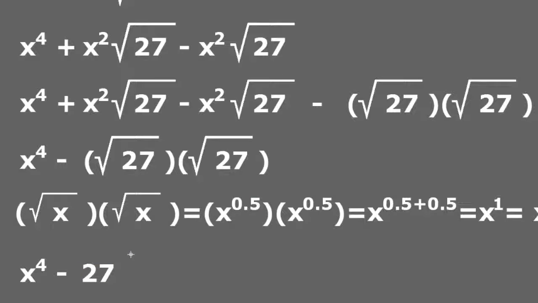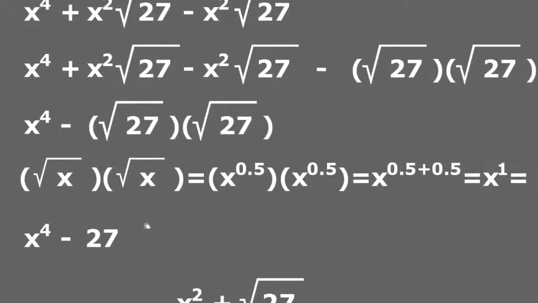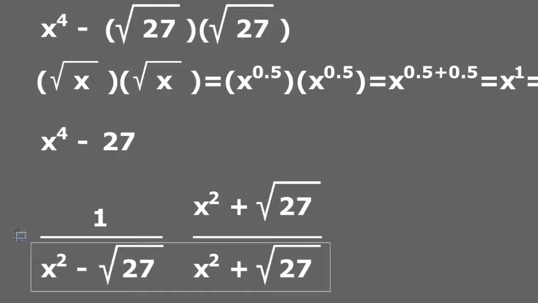So all that multiplication that we had before, all of that simplifies to just x to the fourth power minus 27. Okay?